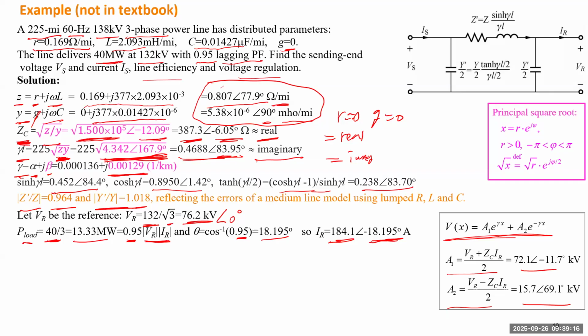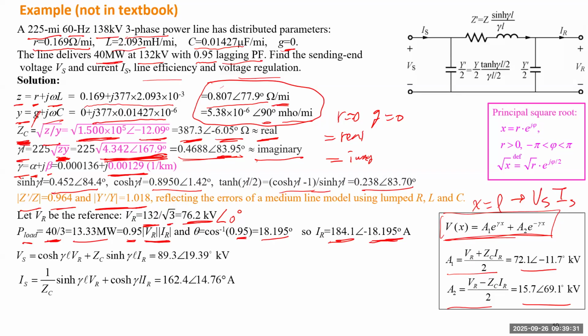But now we can utilize this formula: you just let S equal L. That will give you Vs and Is. You can also directly utilize those two formulas, and they tell you the voltage on the sending end is 89.3 kV with a certain angle, and this is the current.